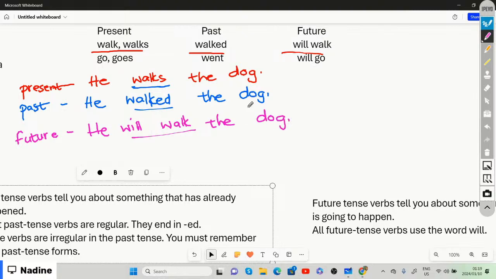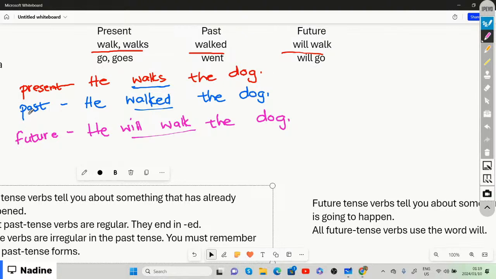So this is basically three sentences, one being in the present tense, one being in the past tense, and the other being in the future tense. Present tense means it is something that is happening now: he walks the dog now.